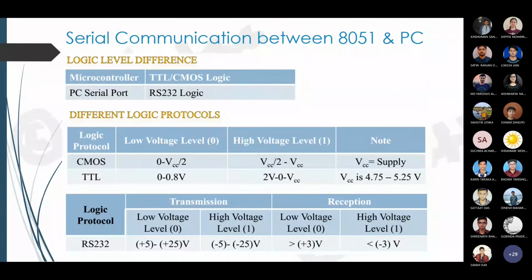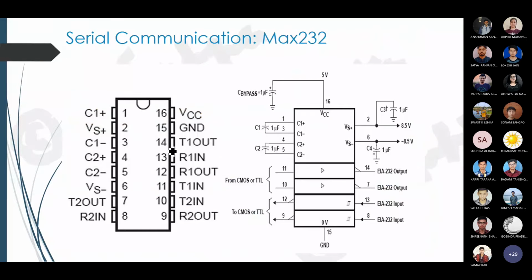And then if we want to communicate with a PC, we have seen that we can go with the RS-232 protocol. So we need a logic converter in between, and we can use the 232 level for the PC side and CMOS or TTL level for the microcontroller side.